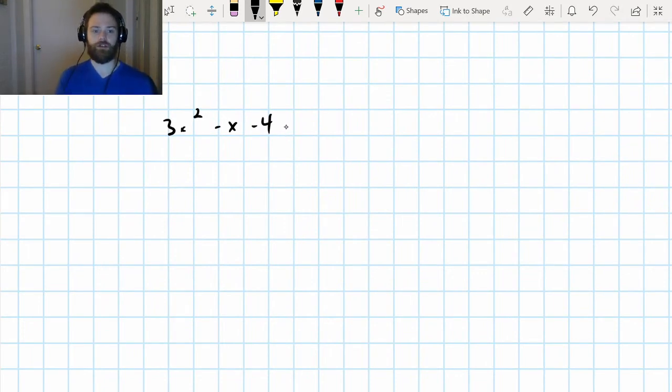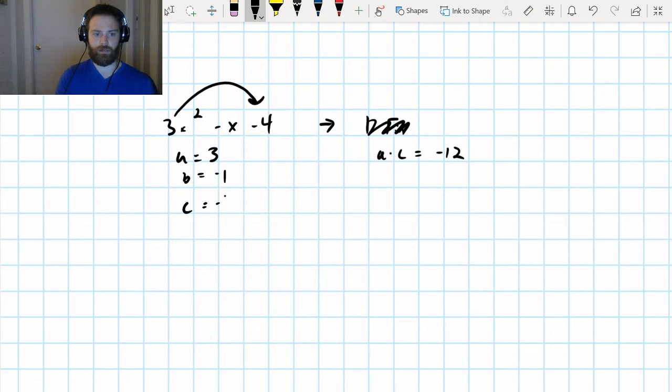So what we're trying to do here is find two numbers, which I did in a previous lesson, so you can take a look at that if you want to. 3 times negative 4 is a times c, right? Your a is 3, your b is negative 1, your c is negative 4, so a times c is negative 12, your b term is negative 1.